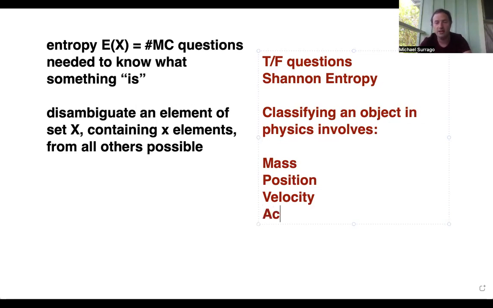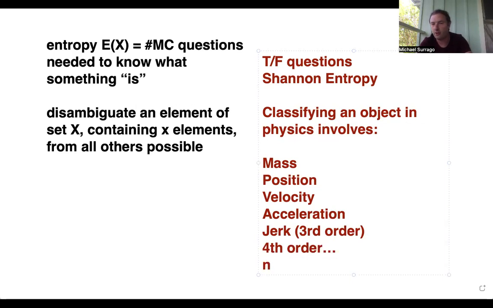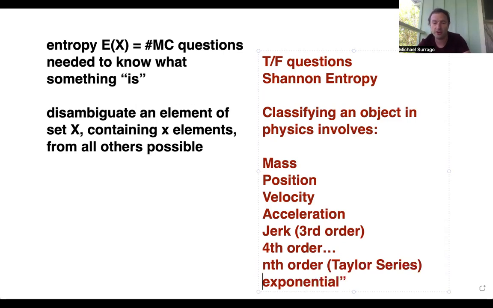So you've got acceleration, you've got jerk, which is the third derivative, the third order term, and you can keep going to fourth order, up to an nth order. This is what's called the Taylor series, and also something known as the exponential, which I can get into in another video.